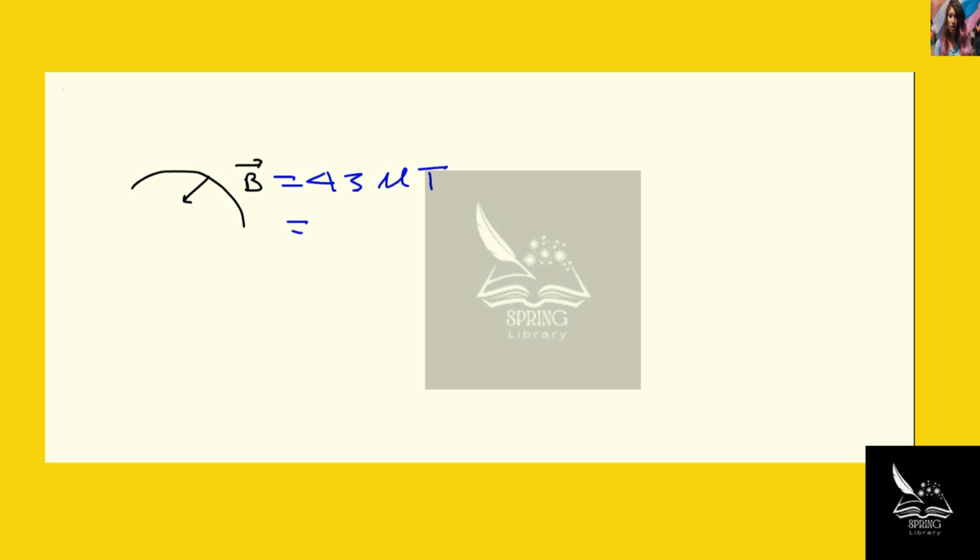We can always transform that magnetic field into teslas by saying this is equivalent to 43 times 10 to the minus 6 teslas. That's the vertical component, and it's pointing downwards in Arizona.